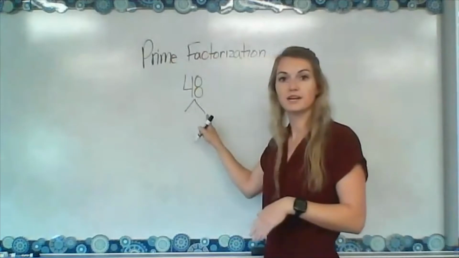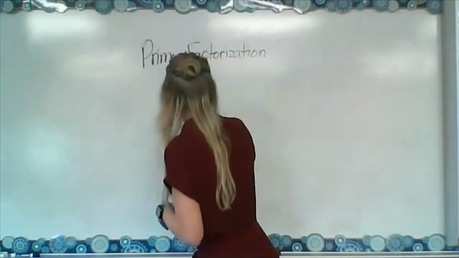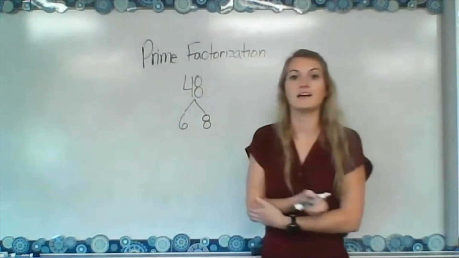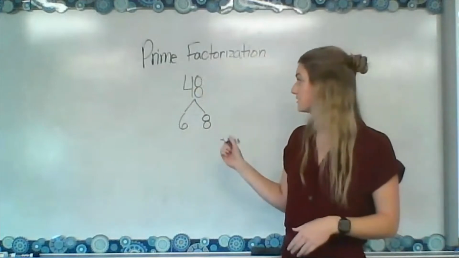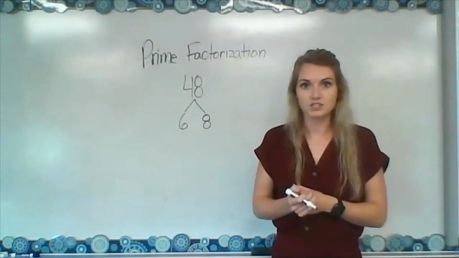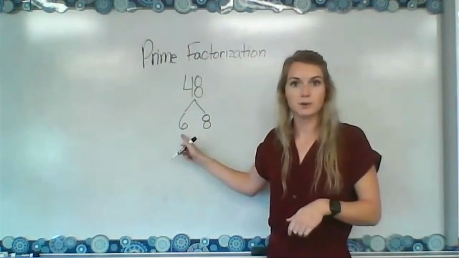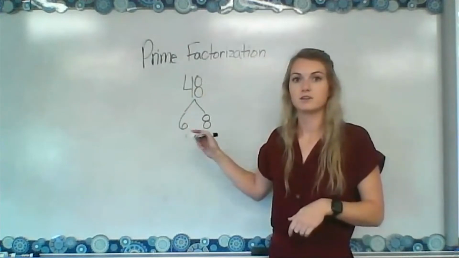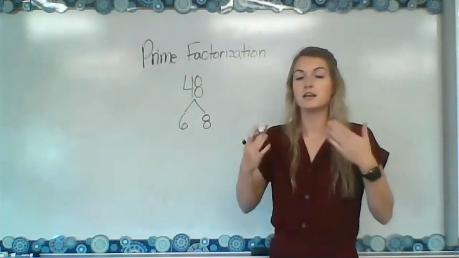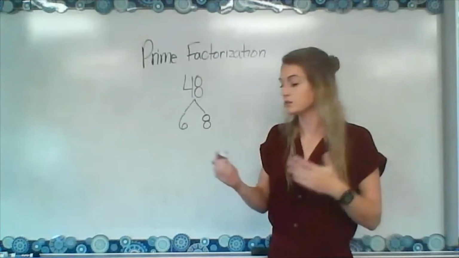I'm going to draw these little branches to help me. And now I have 6 and 8. Okay. You have to ask yourself, is 6 a prime number? No, because it has numbers that will go into it, right? 2 times 3.